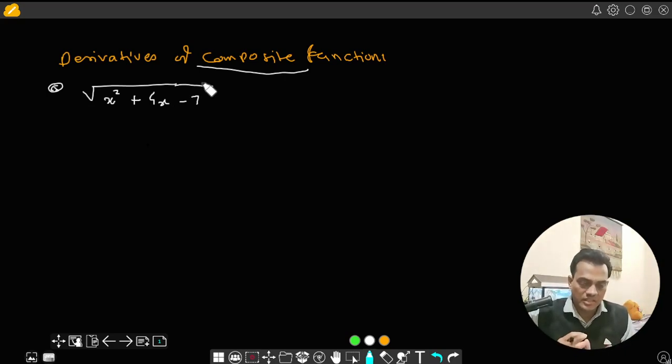So basically we have to first concentrate on this problem, and we have to see that this function is called a composite function.